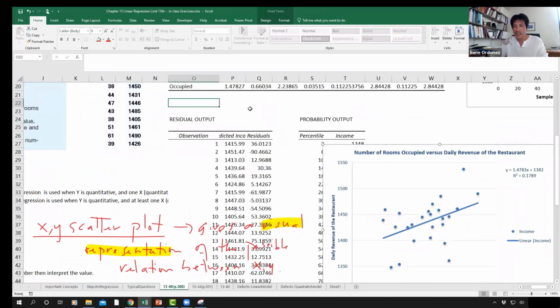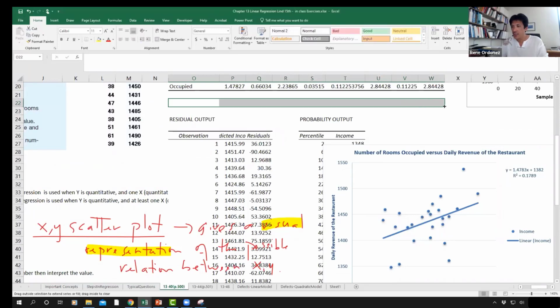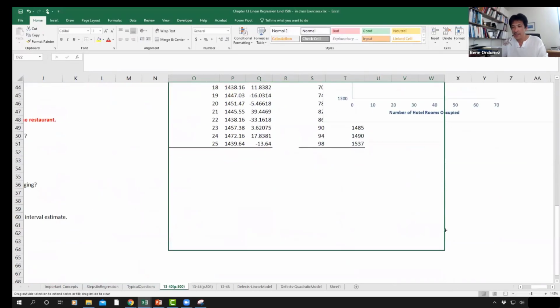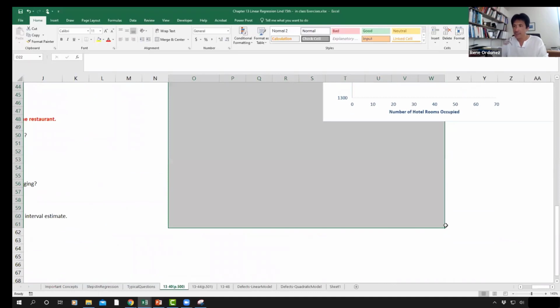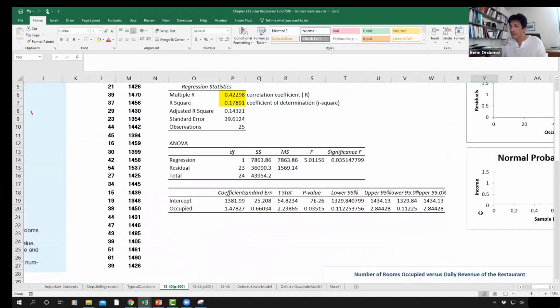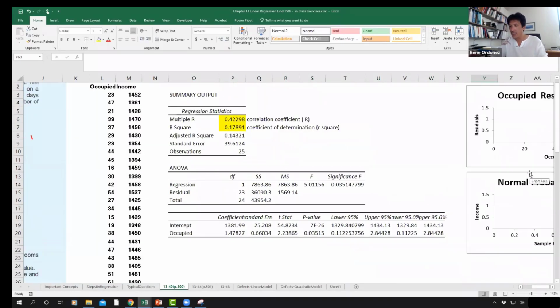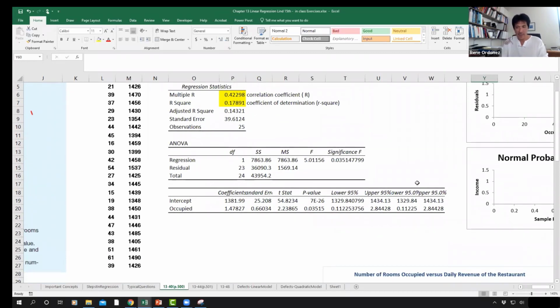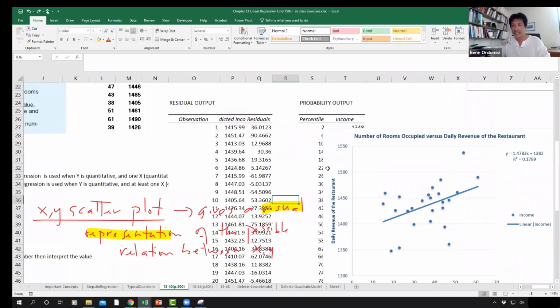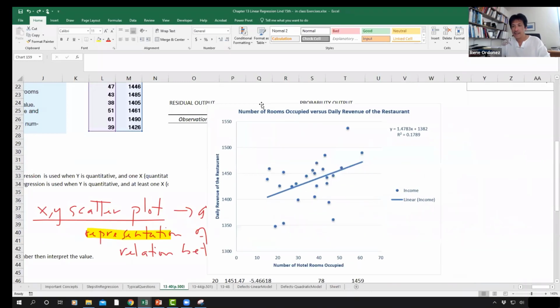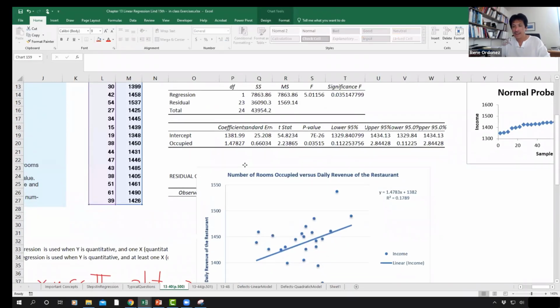I'm going to remove these numbers here. Hopefully this will not affect my plot. Oh, no, it affected my plot. So I need those. All right.